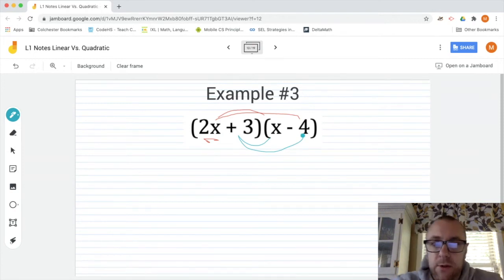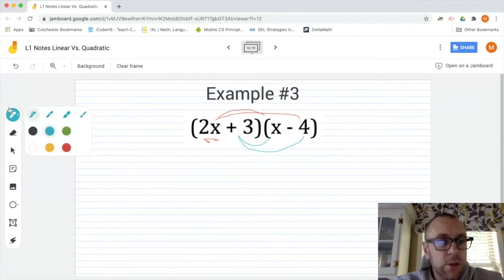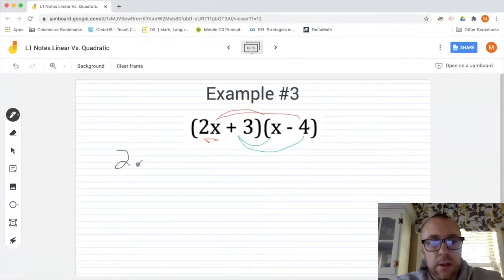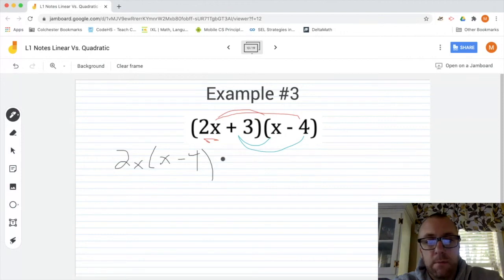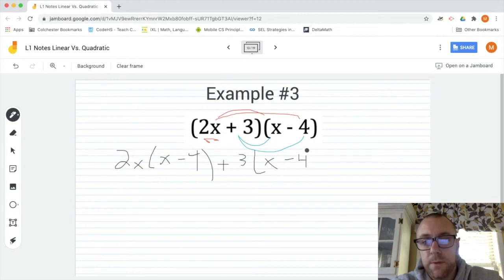Some of my students find it easier to write this out so that it's a little bit more clear. So it's literally 2x times x minus 4, and then plus the 3 times the x minus 4.